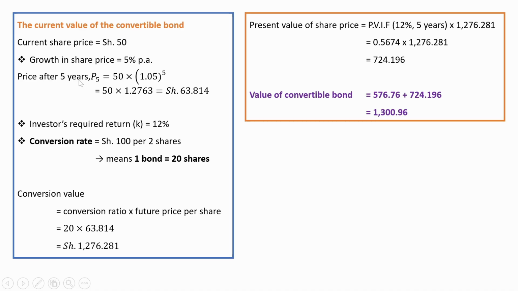Price after 5 years is equal to the current price of 50 multiplied by, because each year the rate of growth is constant, so in brackets it is going to be 1 plus the growth rate, so it is 1.05 in brackets power the number of years, which is 5, power 5.